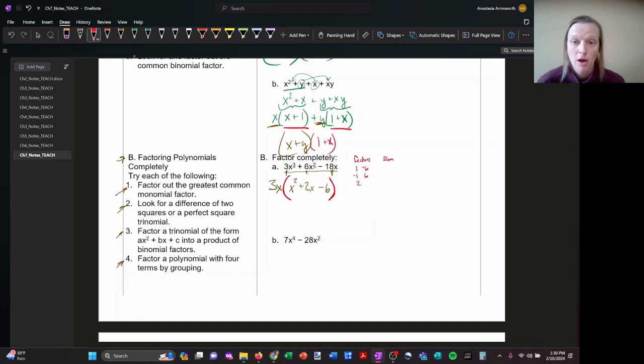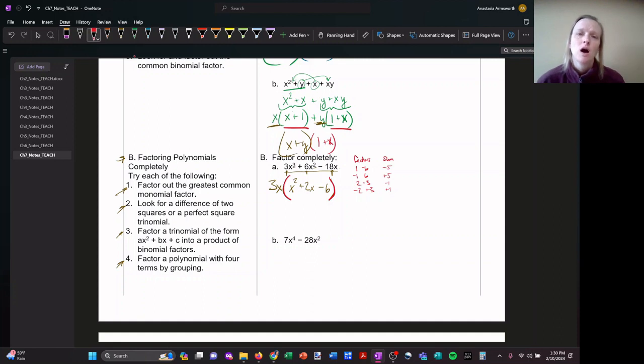There could be 2. I could have positive 2 with negative 3, or I could have negative 2 with positive 3. And now that I've reached numbers that are just 1 away from each other, I know that I've listed all the possible factors of 6, or negative 6, I should say. And now when I add these together, I get sum totals of negative 5 or positive 5 or negative 1 or positive 1. None of these add up to 2.